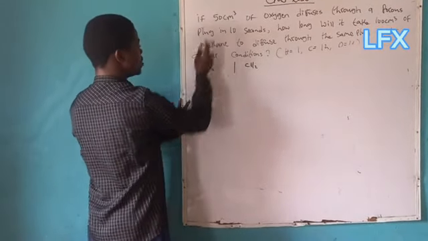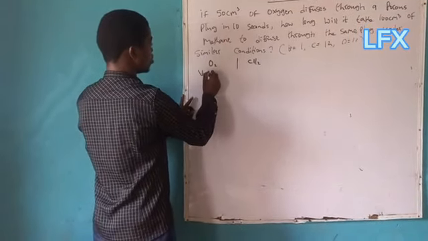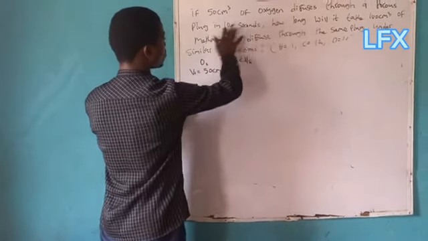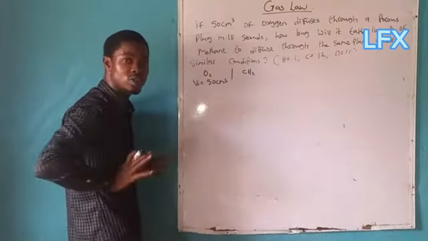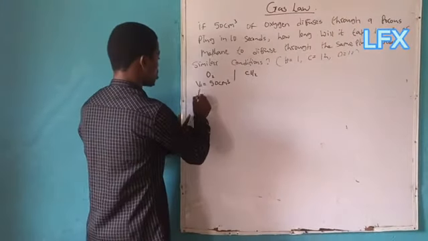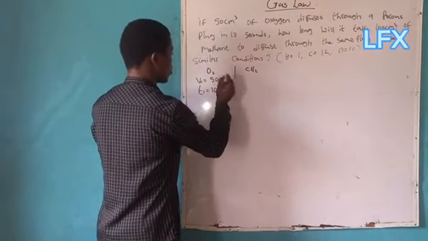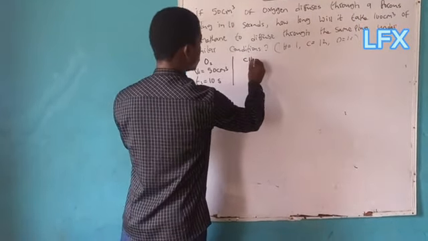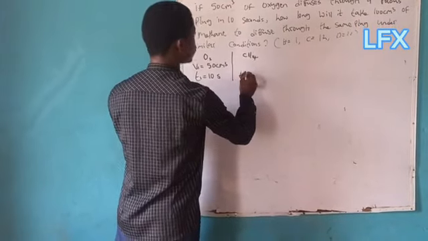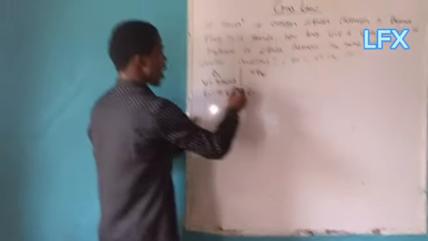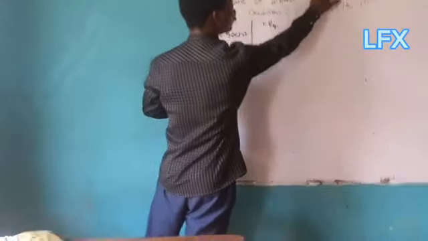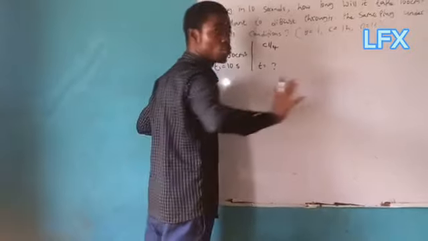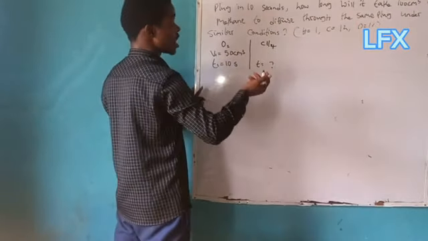So V1, the volume of the first gas, is 50 centimeter cube. And they tell me that through a porous plug, it takes 10 seconds to diffuse, so T1 is 10 seconds. The time taken for methane, CH4, to diffuse through that same plug, I don't know, because the question is asking for it.